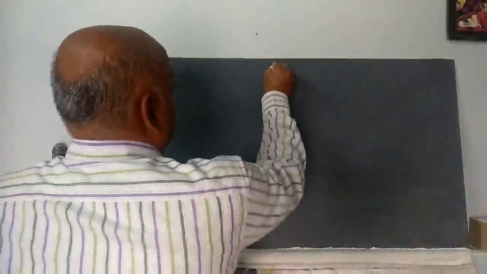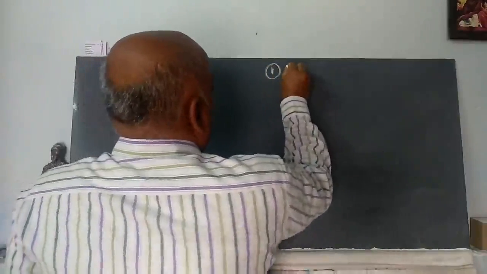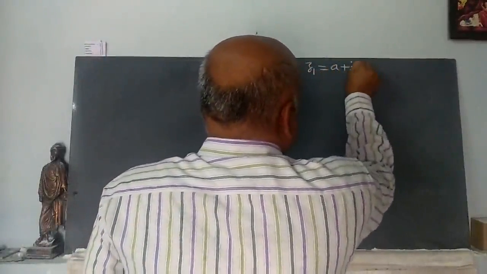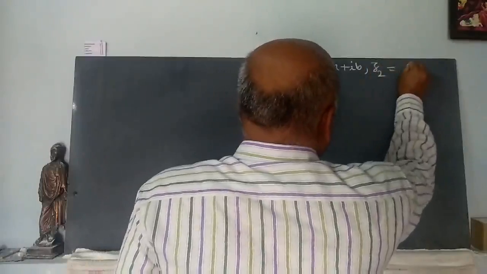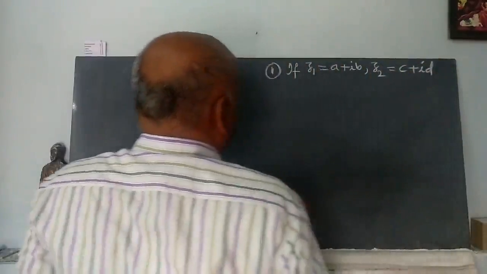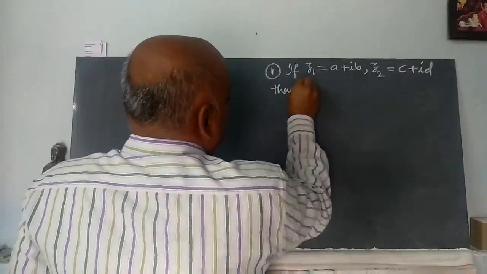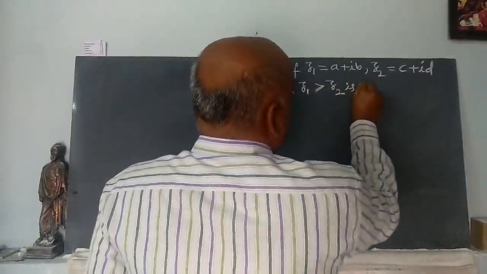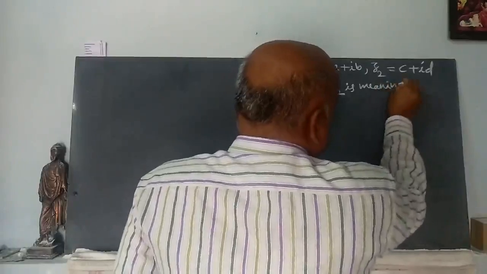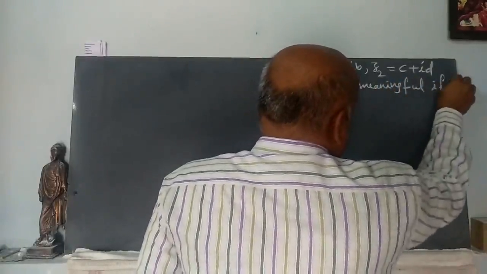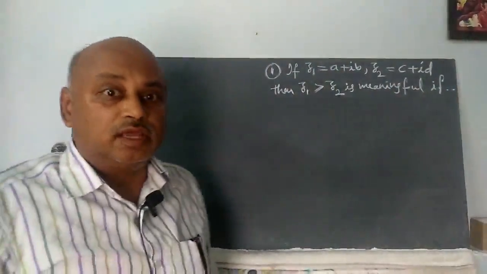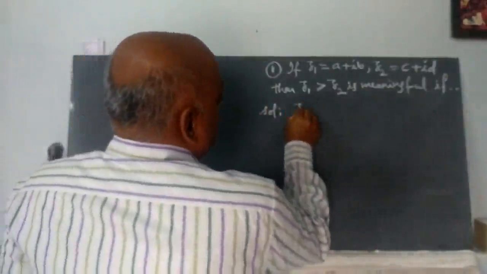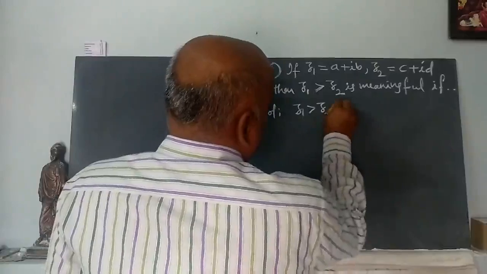Here is the first problem. If Z1 is equal to A plus iB, Z2 is equal to C plus iD, then Z1 is greater than Z2 is meaningful if... so the answer is Z1 is greater than Z2.